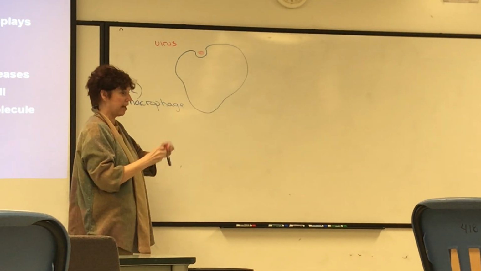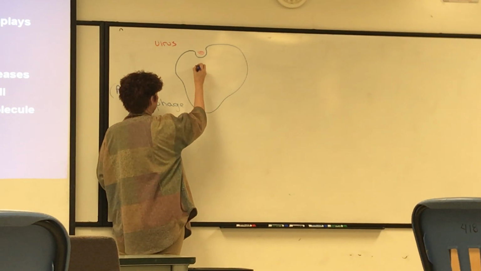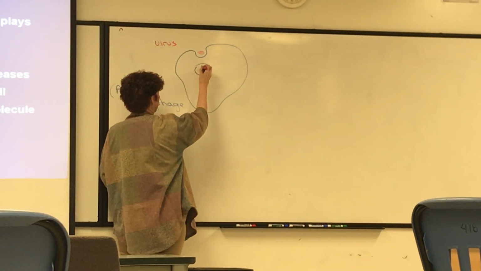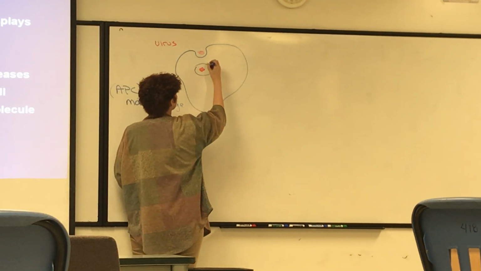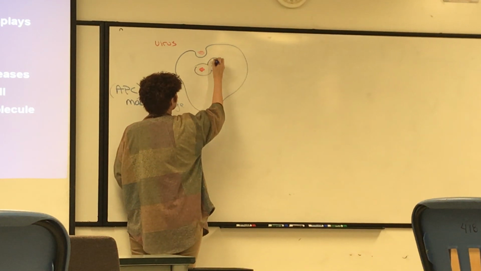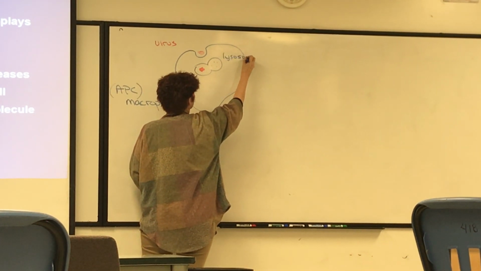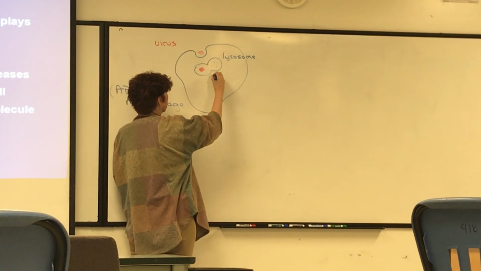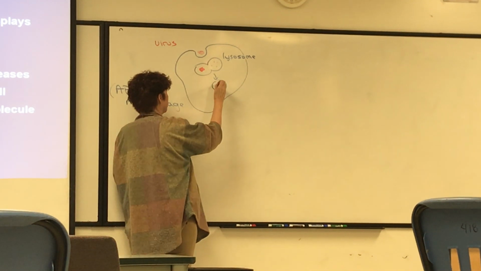And as we just talked about, remember it's going to come into the cell, and it's going to fuse with the lysosome. And that lysosome is going to break down the viral protein into smaller components.